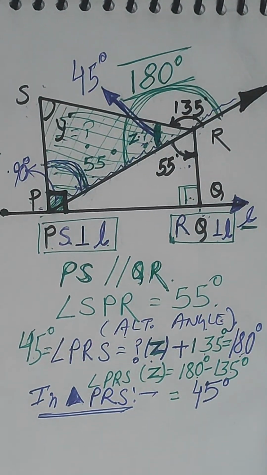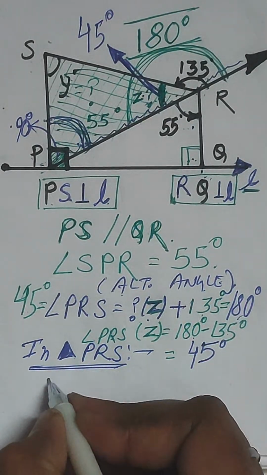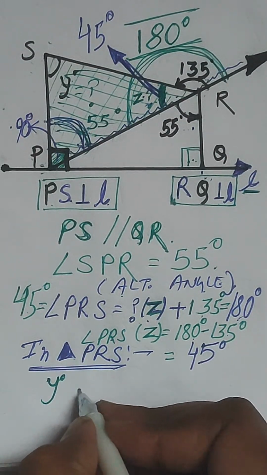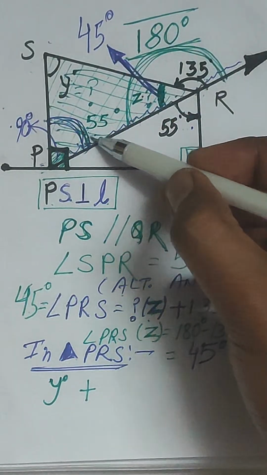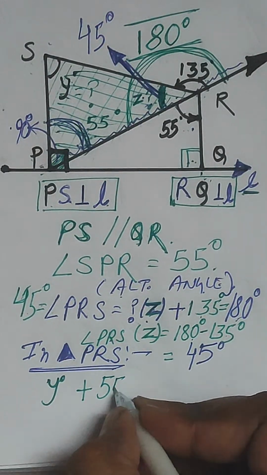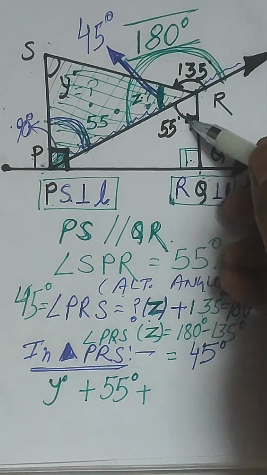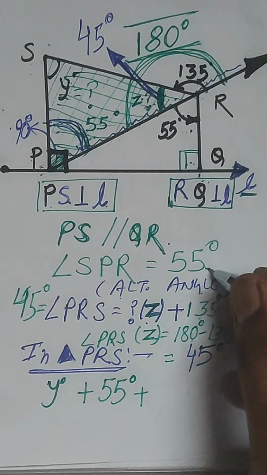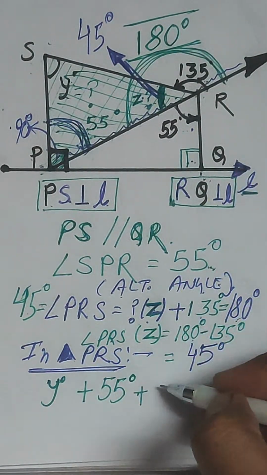So in triangle PRS, y degrees, which needs to be calculated, plus this 55 degrees, the alternate angle, which we have already calculated, plus the two angles have been added. Now which is the third angle?